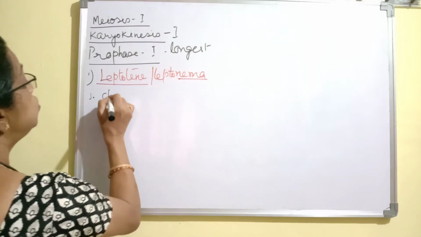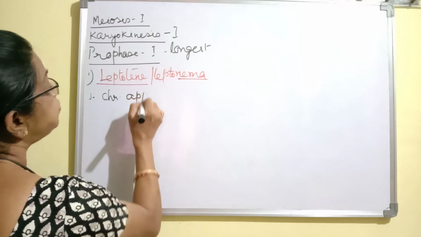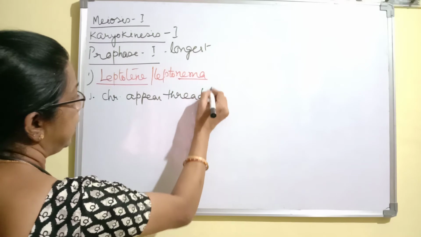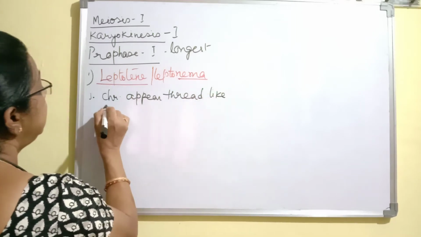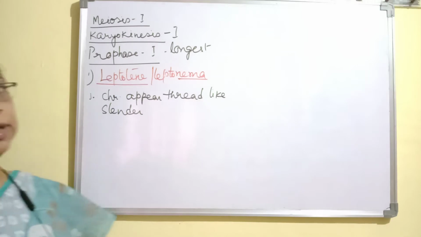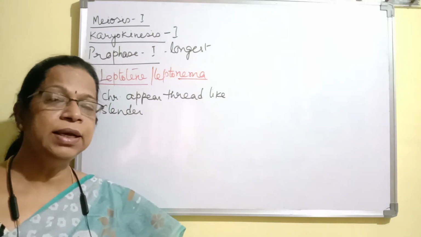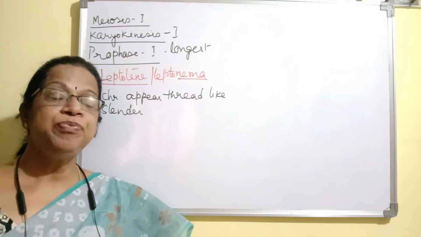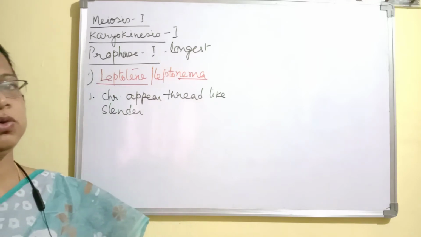So here chromosomes appear thread-like, or they are very slender. Slender means very thin, thread-like. Chromosomes appear thin, thread-like. That is the most important feature of leptotene chromosome.